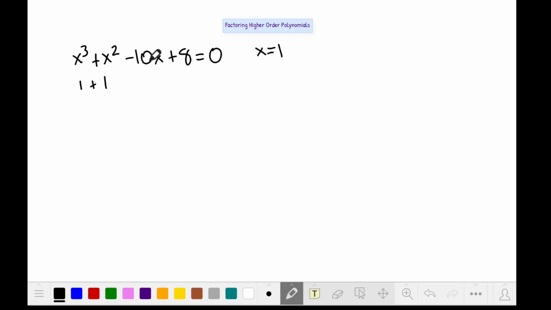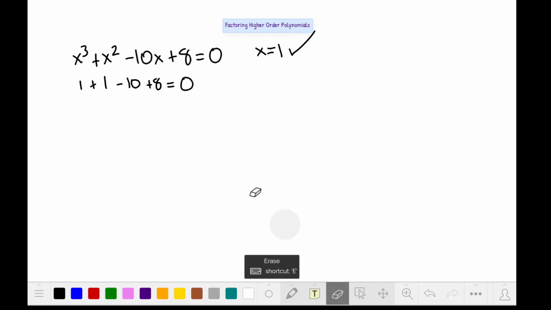I would have minus 10 times 1, which would be minus 10. And then this 8 doesn't have an x touching it, so it's just 8. And then we see here that we've got 1 plus 1 plus 8, which is 10, minus 10. So what we actually have is 0. 0 is 0, so it looks like x equals 1 is an answer.